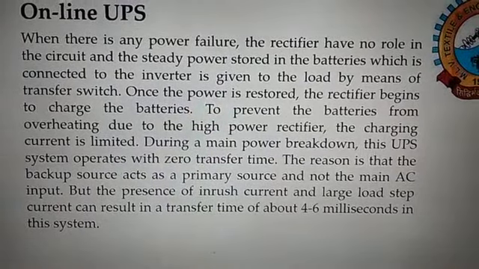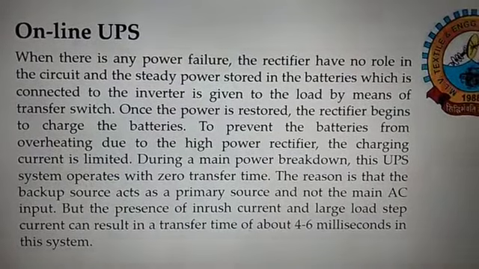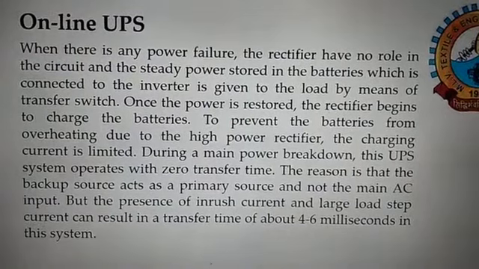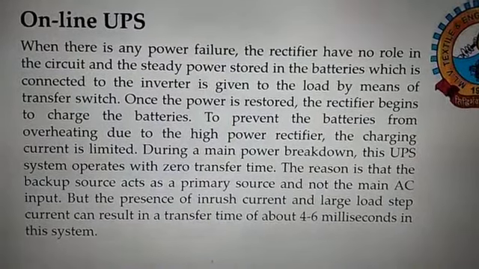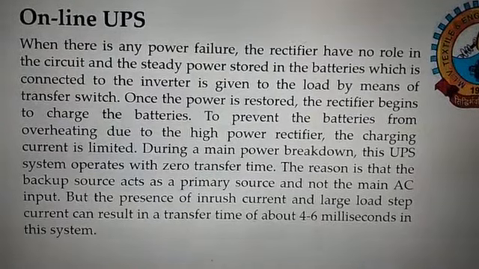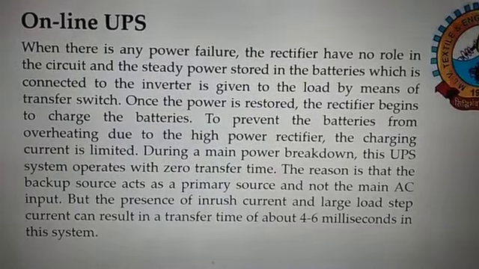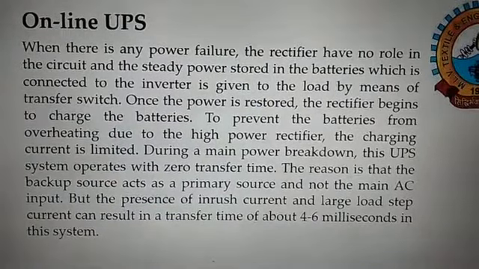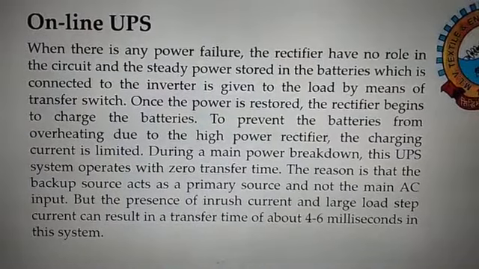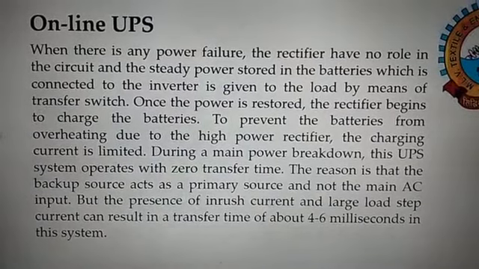During a main power breakdown, this UPS system operates with zero transfer time. The reason is that the backup source acts as the primary source and not the main AC input, but the presence of inrush current and large load step current can result in a transfer time of about 4 to 6 milliseconds in this system.